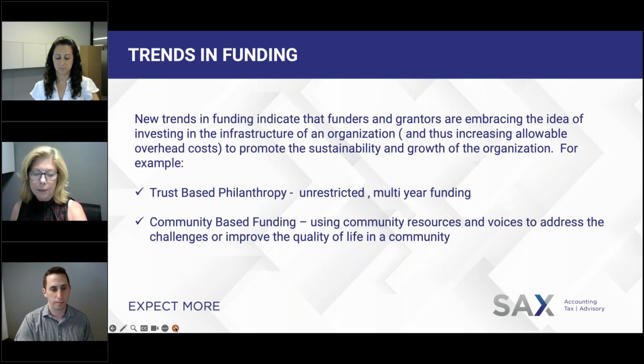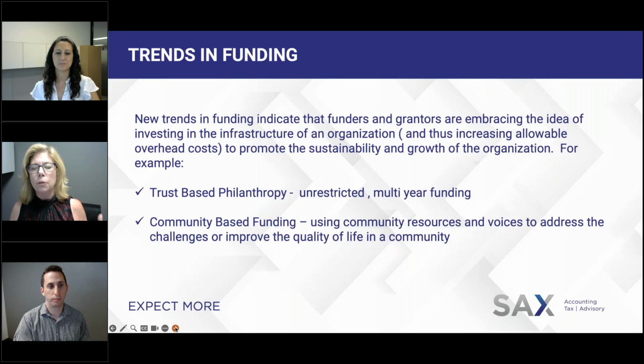At a recent conference I attended for the Council of New Jersey Grant Makers, they had a panel of several very large funders in New Jersey. I think it was the Victoria Fund, FM Kirby, and the Provident Bank Foundation, among others.